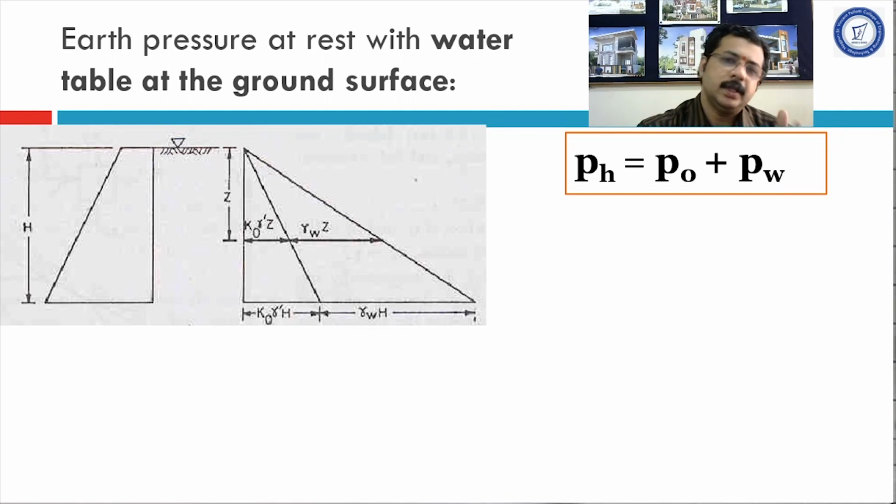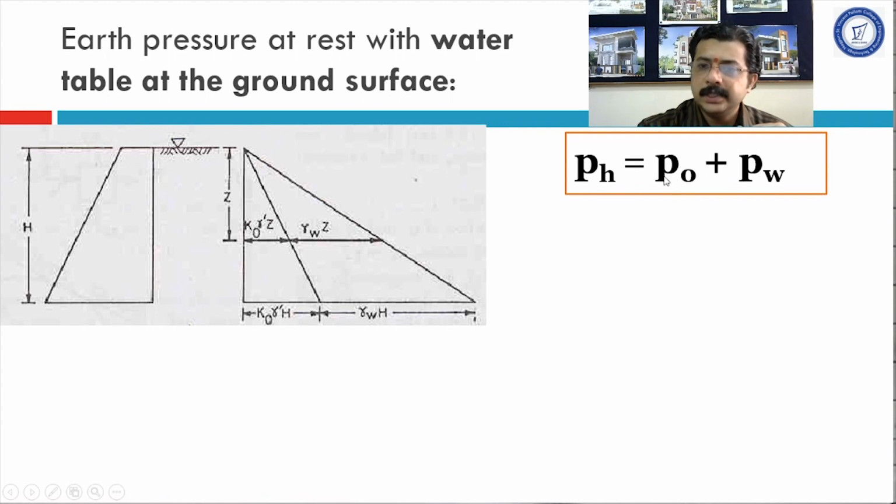In this situation, we want to find the earth pressure. The soil is still at rest. So how is this earth pressure found? This pressure acting on this vertical retaining face will consist of two components. One would be pressure due to soil which is at rest, and second will be pressure due to water.